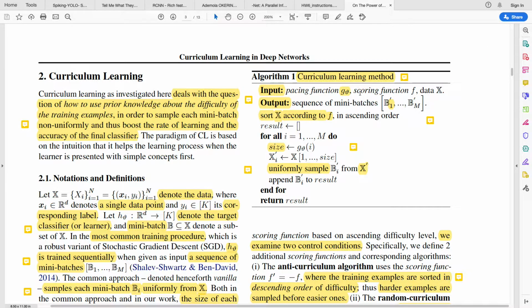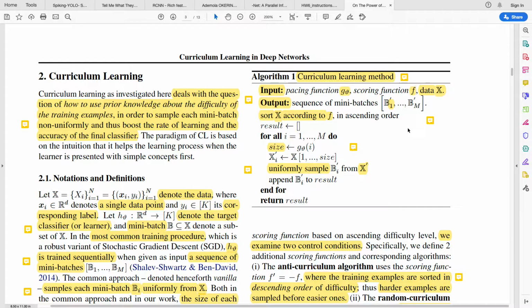And you put in your data X. You have to output a sequence of mini batches sorted in ascending order, which sorts your training data from the easy to the difficult one, according to your F, which is your scoring function.